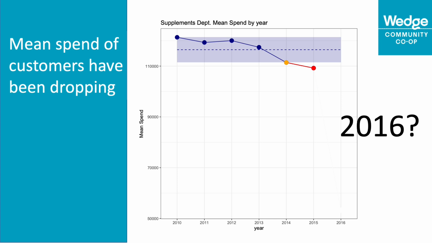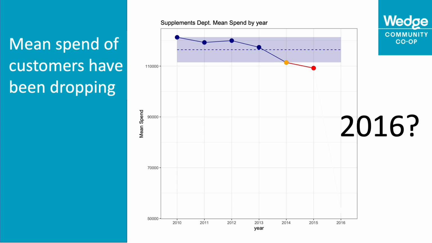Well, what is the problem we're trying to solve here? This control chart has in the horizontal axis the years and in the vertical axis the mean spend of the customers of the supplement department. We can see that over the years the supplements department has experienced a drop in the spend of their customers year by year.